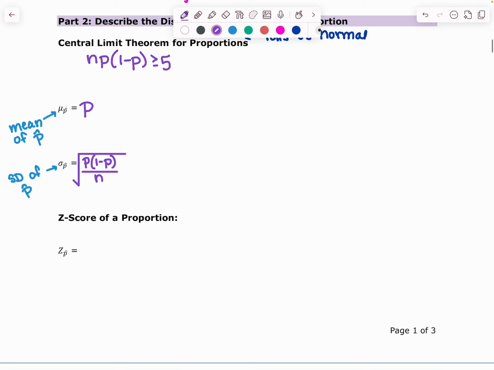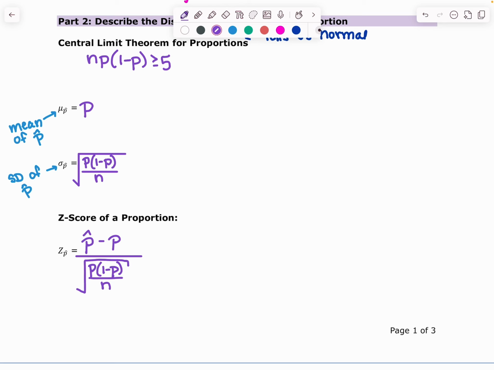And then the z-score for a proportion is p hat minus p divided by the square root of p times 1 minus p divided by n, which is the same formula that we just wrote down for the standard deviation of p hat.